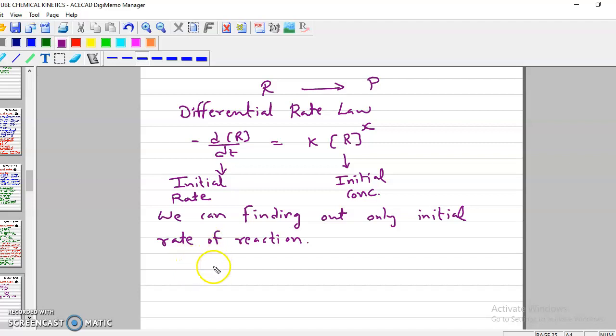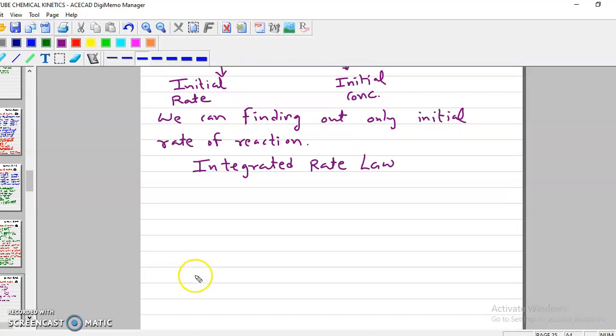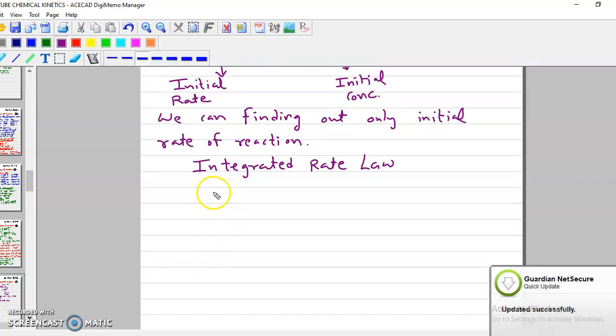And for that, we should go with the integrated rate law. So from the integrated rate law, we get all the information regarding reactions, that is how much reaction is completed in a particular time, or how much time is required to complete a particular amount of the reaction. Okay, so the integrated rate law is more important than the differential rate law.